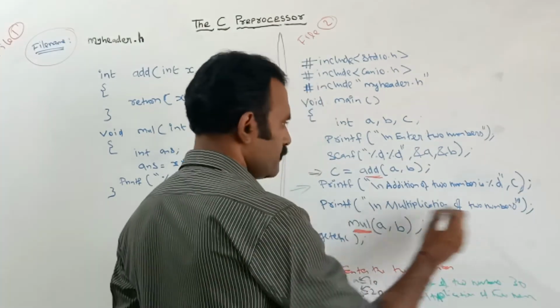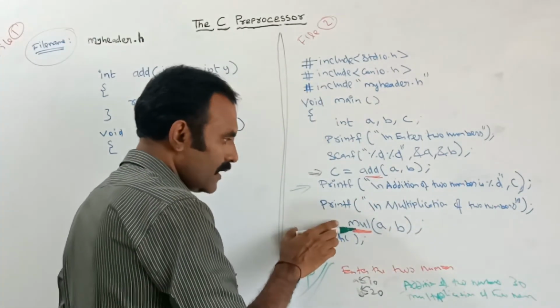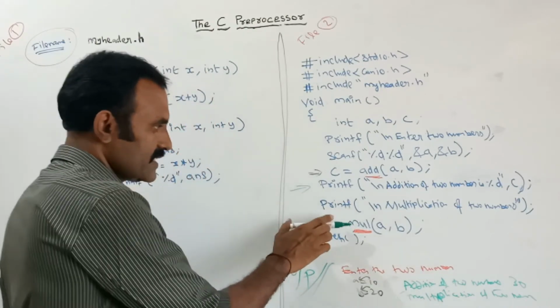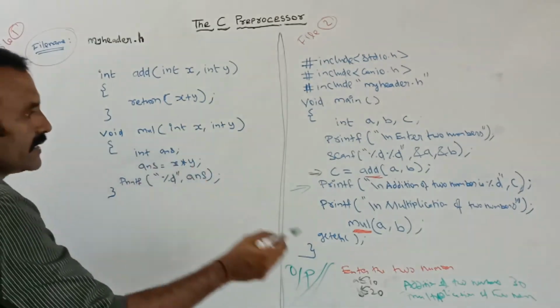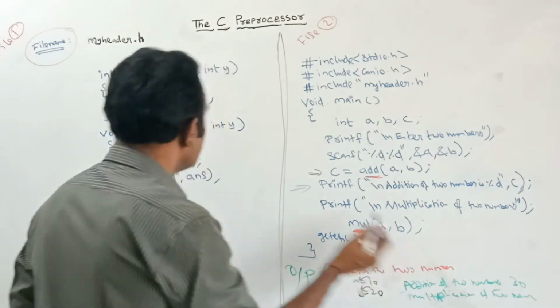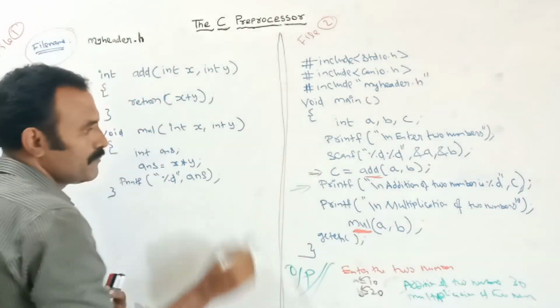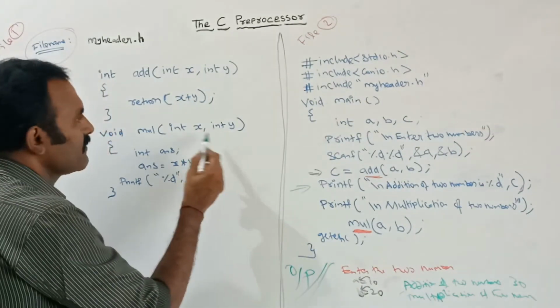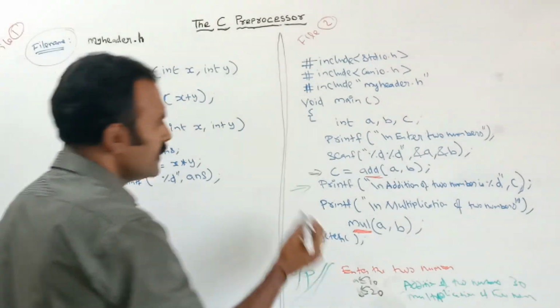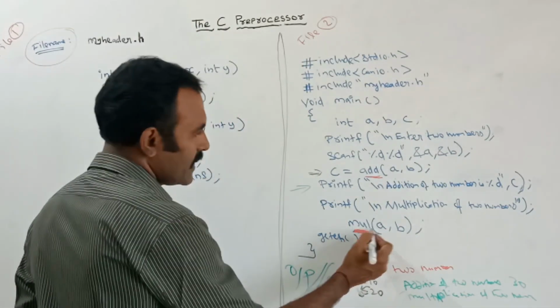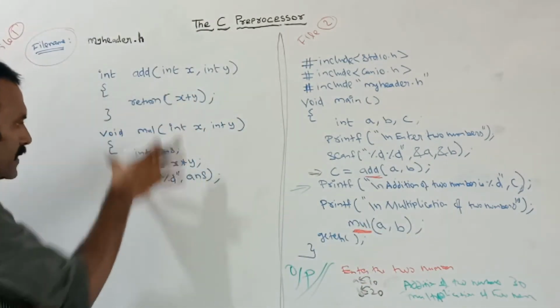This message will be printed. After that I am calling the mul function, which is in myheader.h. In the mul function, the a value is passed to x and the b value is passed to y, so x holds 10 and y holds 20. Then 10 into 20, what is the answer? That value will be printed right there.